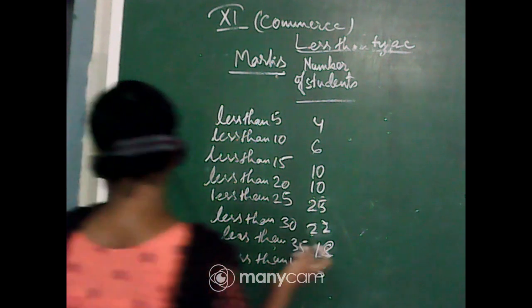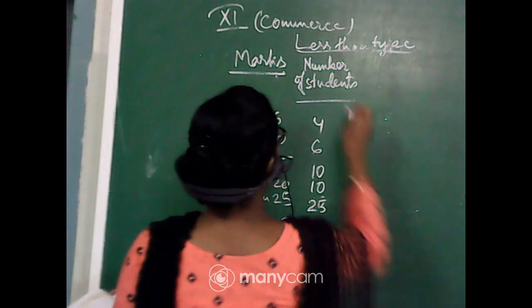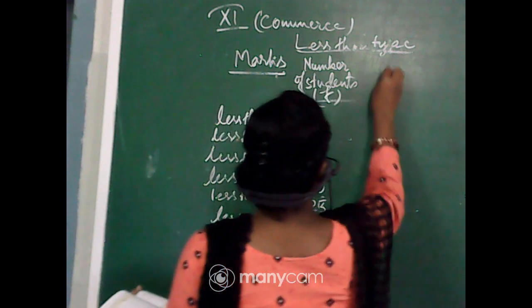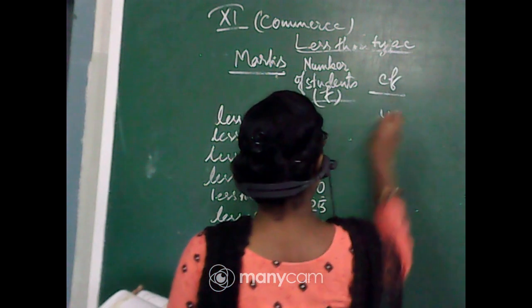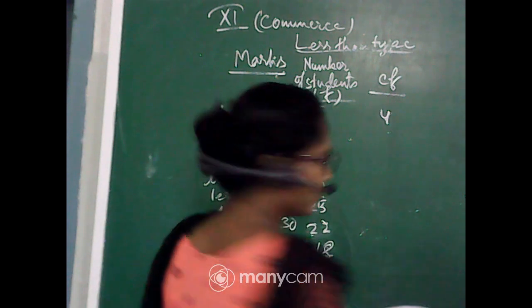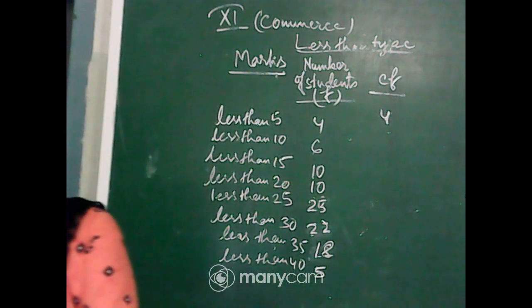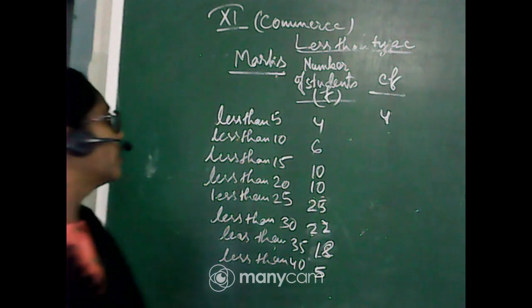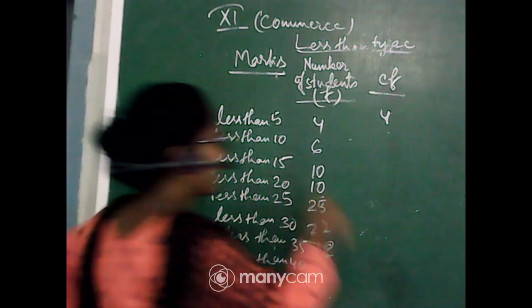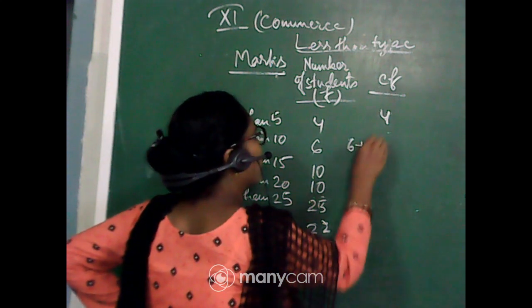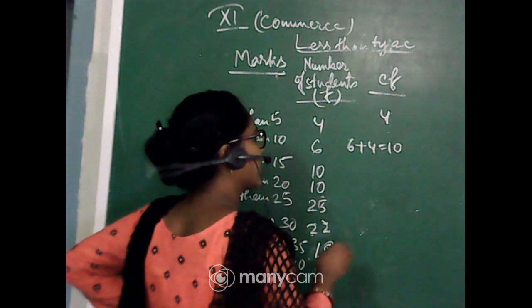Now we find out the cumulative frequency, CF. So first one is 4. Students, you know how to find the cumulative frequency. So 6, next 6 plus 4 is 10, right?